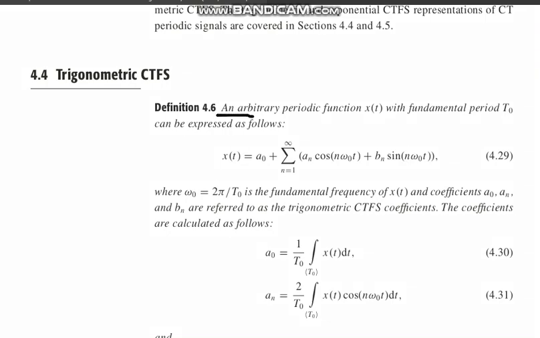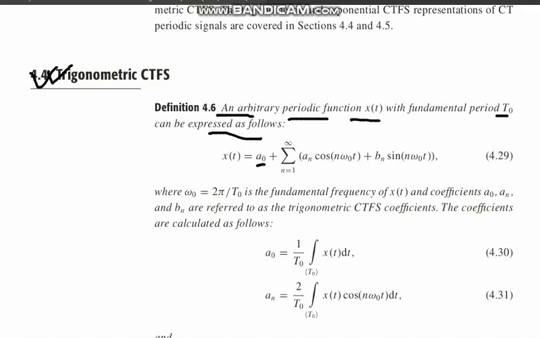That is the theorem: an arbitrary periodic function xt with fundamental period t naught can be expressed as follows: xt is equal to a naught plus the summation from n equal to 1 to infinity of a n cos n omega naught t plus b n sin n omega naught t.